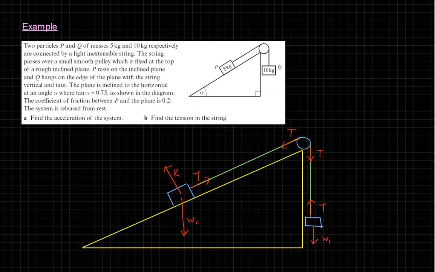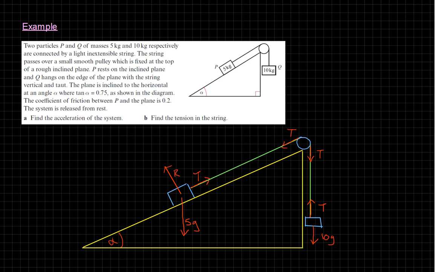Makes sense. Let's just change a few bits that we now know about. So for example, this W1 and this W2, we've been specifically told this one's 10g because it's 10 kilograms. This one's 5g because it's 5 kilograms. We're also told that this is alpha. And we're told there's friction.